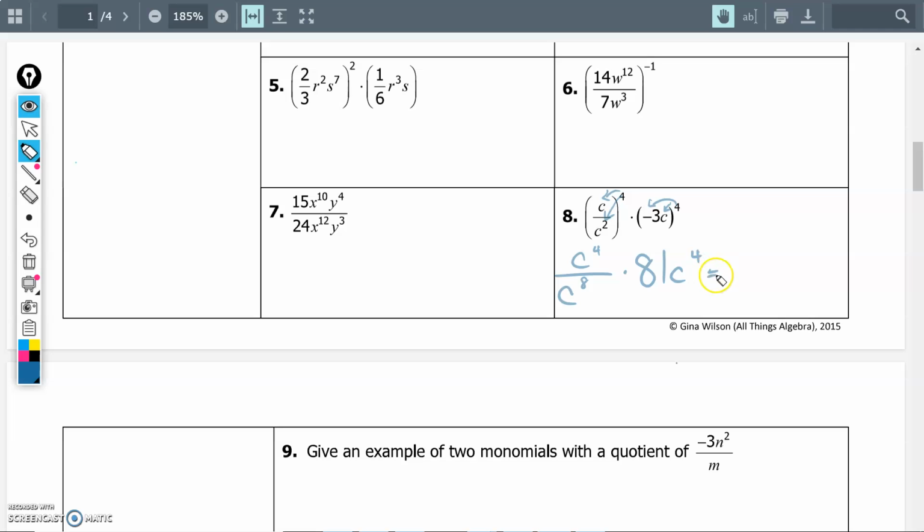Multiplying these together with 81, c, and then you're adding these together. This is product rule. To the eighth divided by c to the eighth. Then we finally have quotient rule, where we subtract the exponents. So 8 minus 8 is 0. So there's no more c's. They cancel out. So you're simply left with 81.